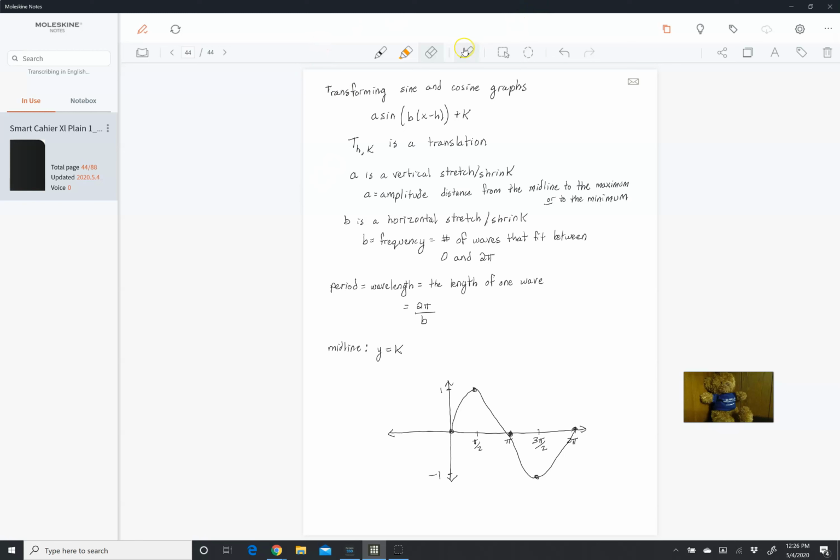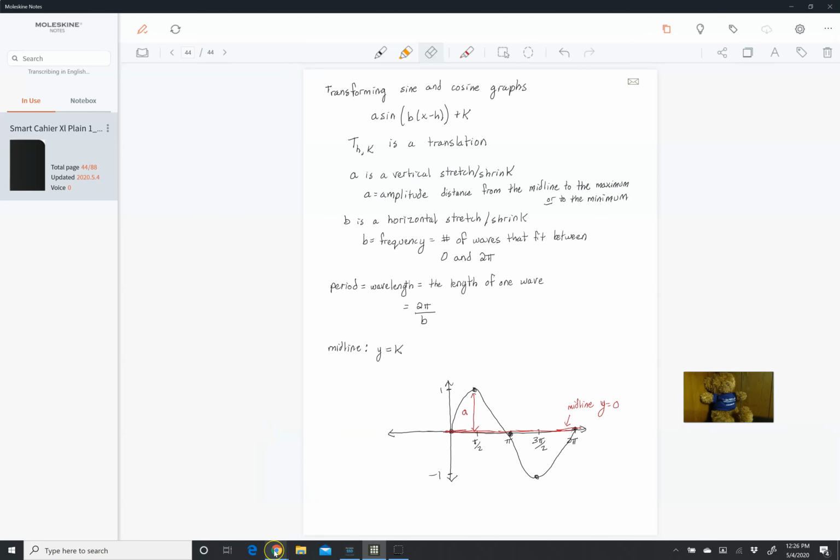Okay, so the midline is literally the line in the middle. If you translate it up by 1, then the midline is at y equals 1. If you translate it down by 1, the midline will be at y equals -1. The amplitude is the distance from here to here. Okay, it's the distance from that midline.